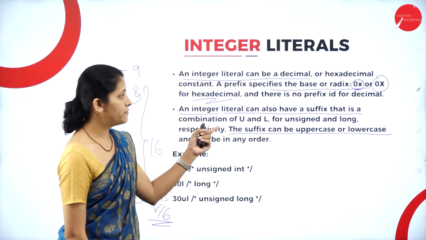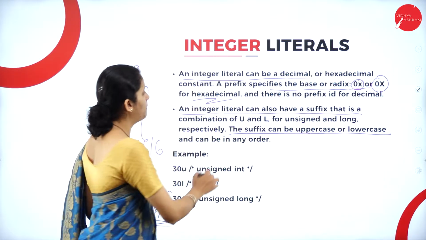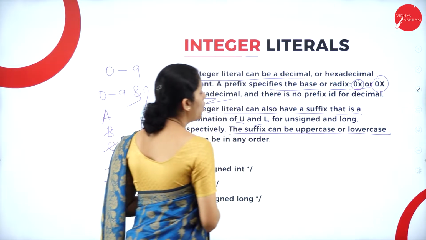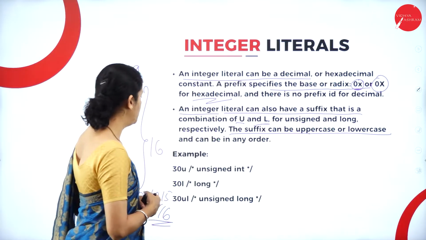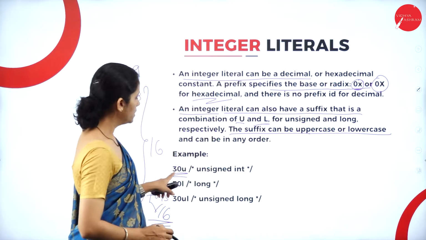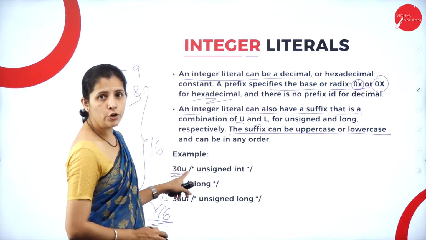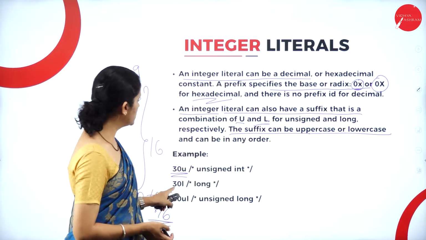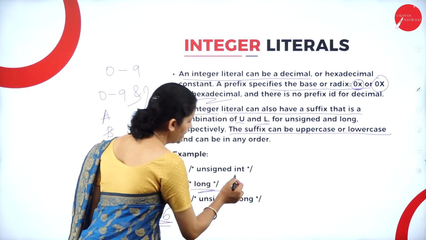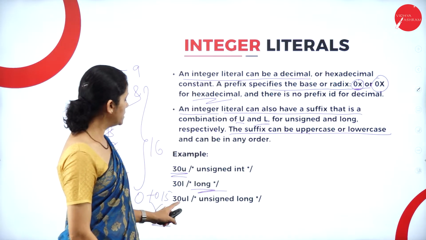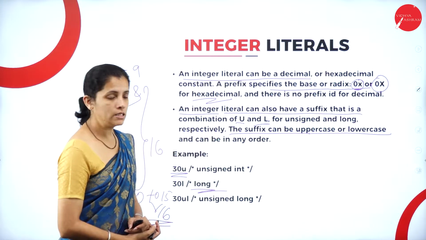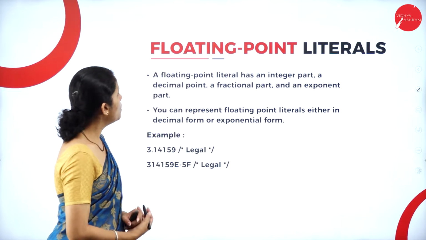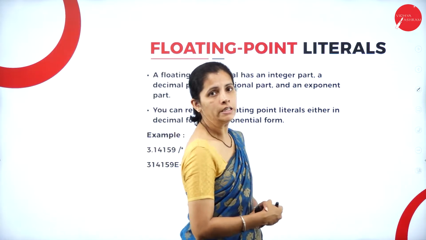So while using a suffix, I can use uppercase U or lowercase u or uppercase L or lowercase l. So here 30U. So 30U means what? Unsigned integer. So dear student, here 30L is nothing but long int, and here 30UL is nothing but 30 unsigned long integer.